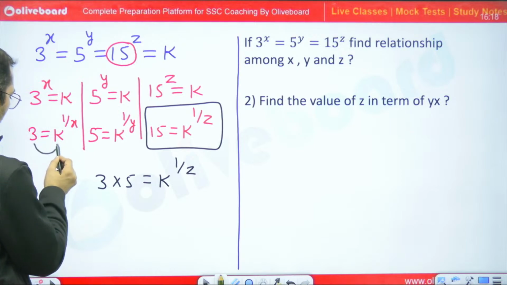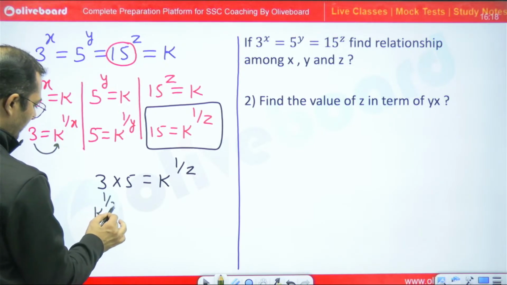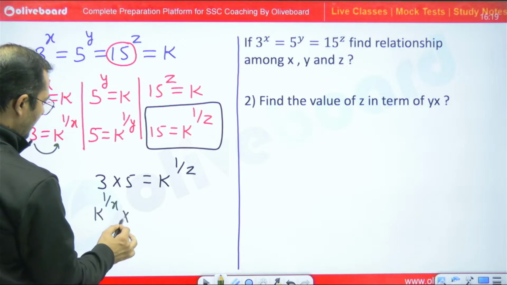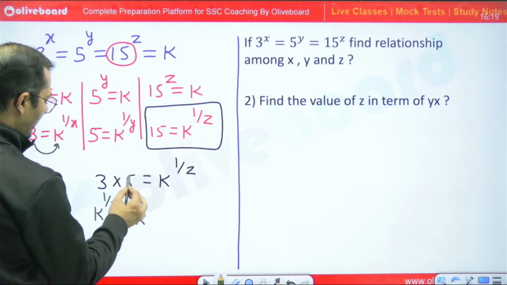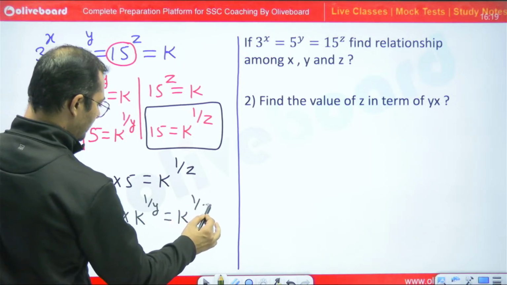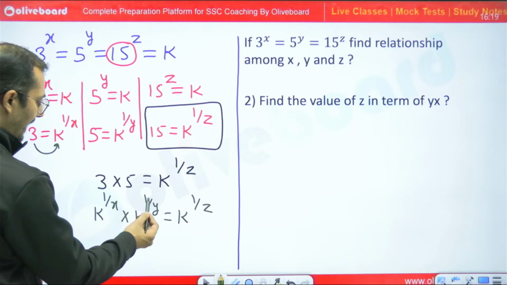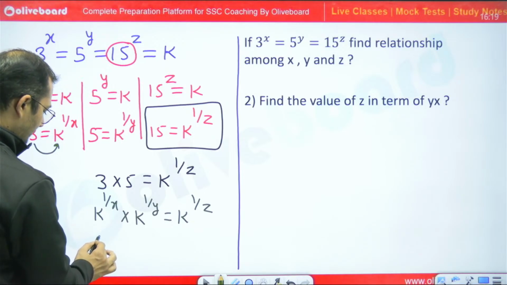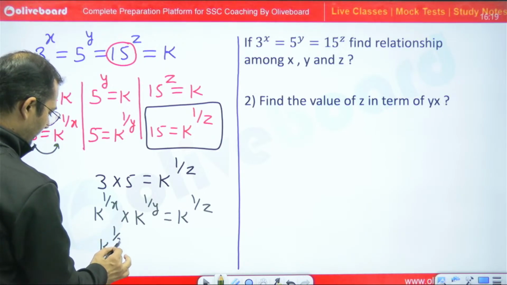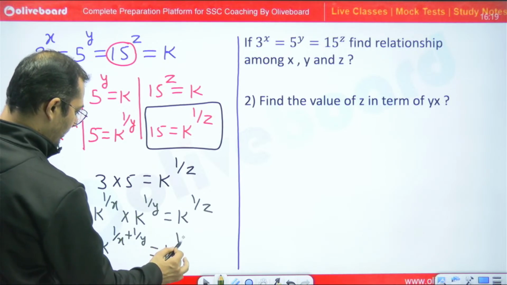So substitute the value of 3 and 5. So 3 is equal to what? k to the power 1 upon x. So here we can write k to the power 1 upon x into 5 is equal to k to the power 1 upon y, right? The base is same, so the powers will be added. So it will become k to the power 1 upon x plus 1 upon y is equal to k to the power 1 upon z.